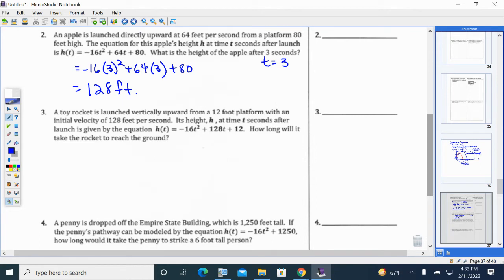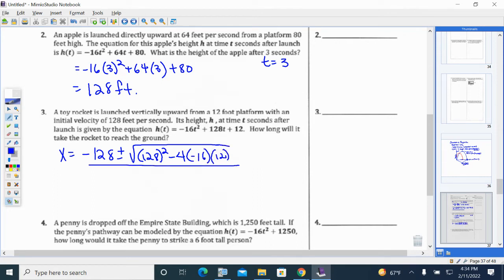We have to solve this quadratic, which means quadratic formula. We're going to use quadratic formula. A is negative 16, B is 128, C is equal to 12. So into the quadratic formula, x equals opposite b plus or minus the square root of b squared minus 4 times a times c divided by 2 times a.